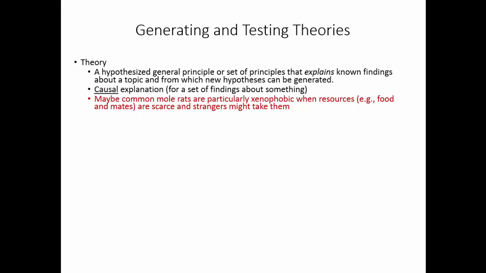So a pretty informal thing you could say was the theory behind what they tested with the mole rats is maybe common mole rats are going to be particularly xenophobic when resources are scarce and strangers might take them. Really, the theory here is that strangers represent a threat to your resources. Maybe the adaptive function of xenophobia in mole rats is to protect food resources and maybe mates as well.